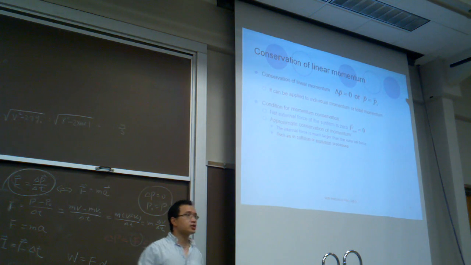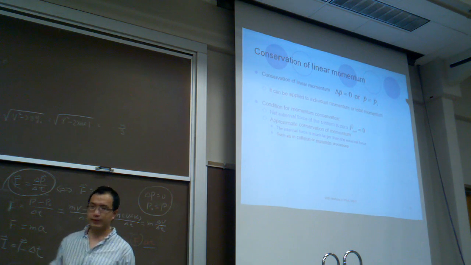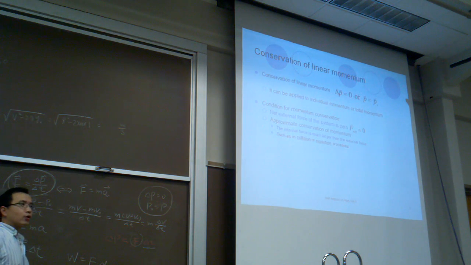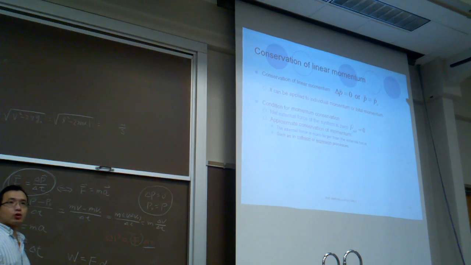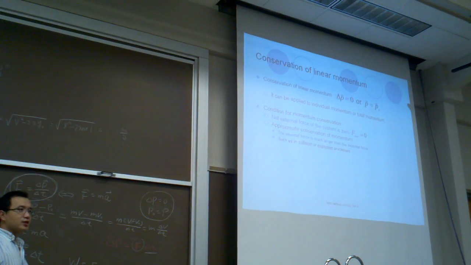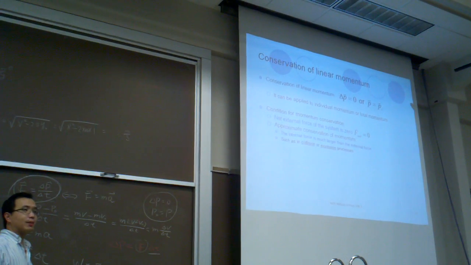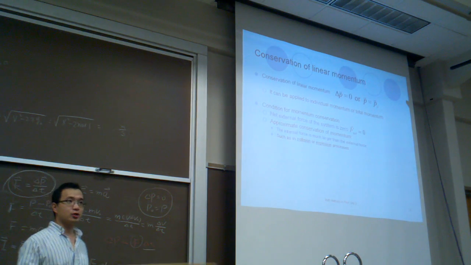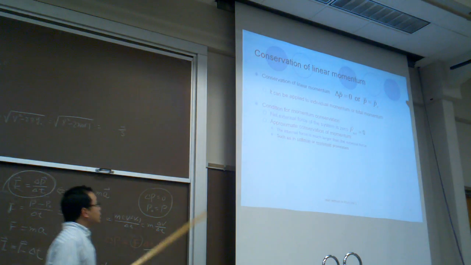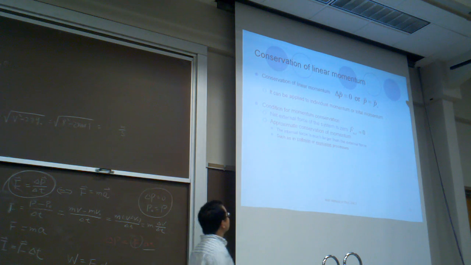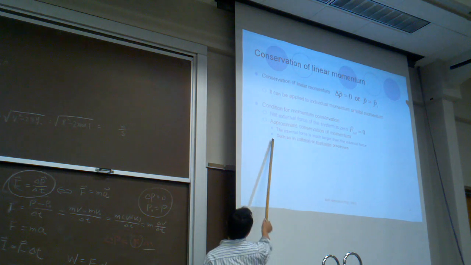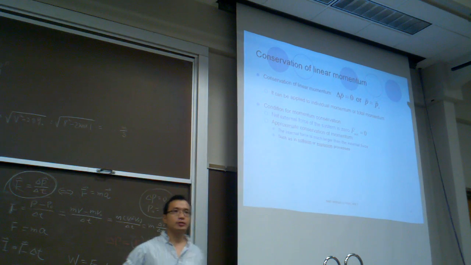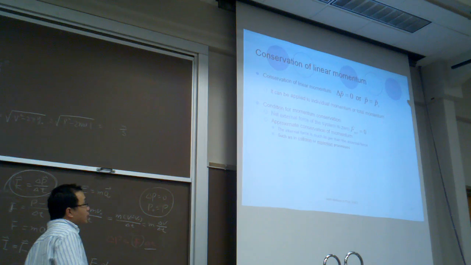So it gives us a very powerful approximation. Whenever the internal force is much larger than the external force, the external force can be neglected. In that case, the momentum is approximately conserved. That happens for collision and explosion processes.